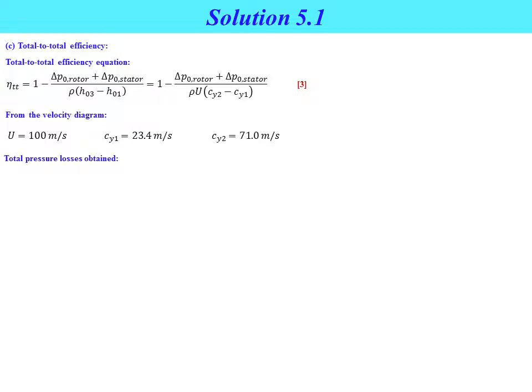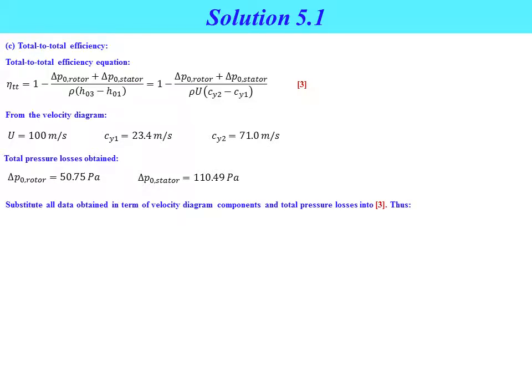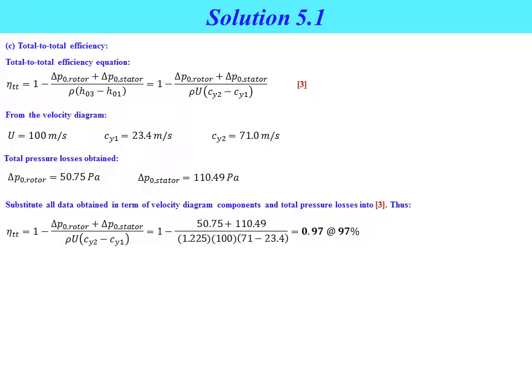And from the total pressure losses obtained in the previous question, delta P naught rotor equal to 41.43 Pascal, delta P naught stator equal to 90.2 Pascal. Substitute all data obtained from the velocity diagram components and the total pressure losses into equation number 3. Thus, the total efficiency for the compressor stage is equal to 0.97 or 97%.